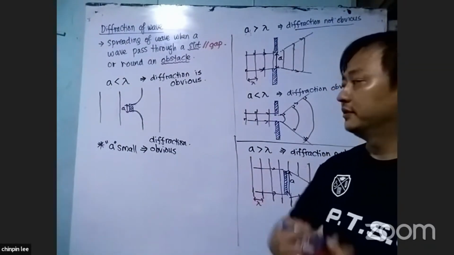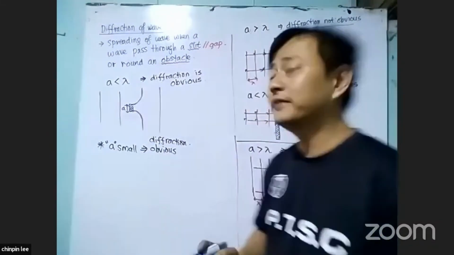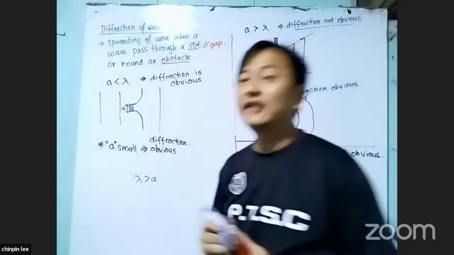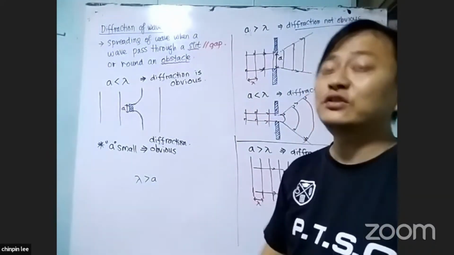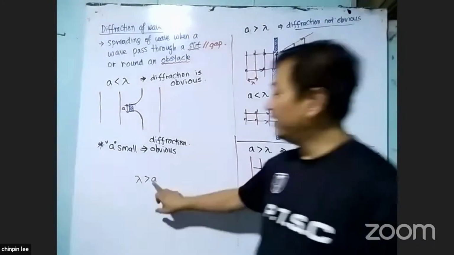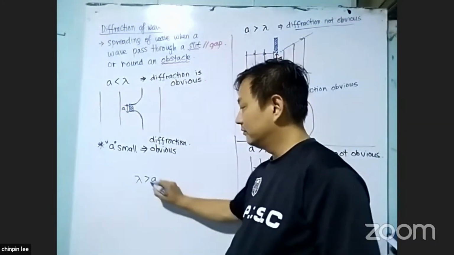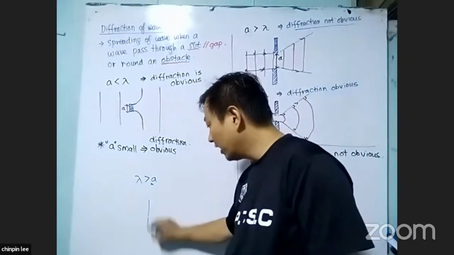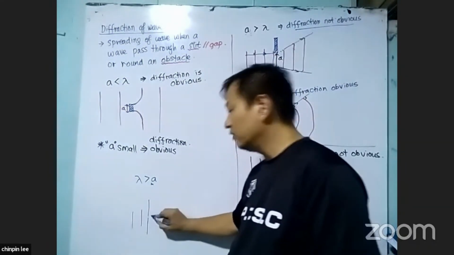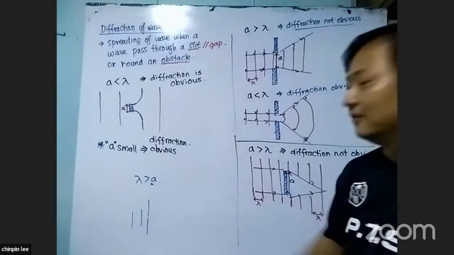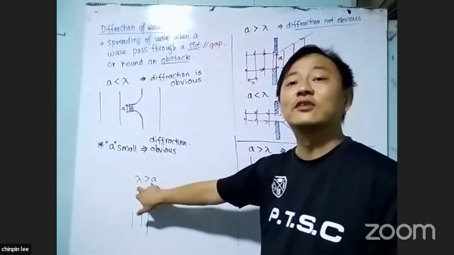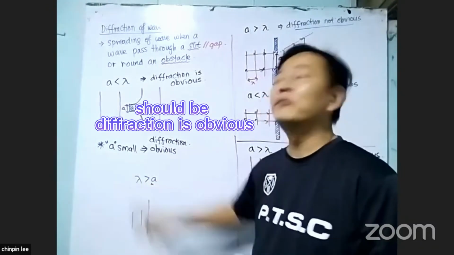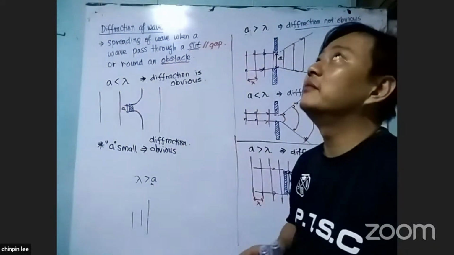Question from here. Now I want to ask you, lambda bigger than A. Obvious or not obvious? Does it mean the A is big or small? It means the A is small. Does it mean the diffraction is obvious or not? A is small, so diffraction is obvious. You don't memorize lambda bigger than A or A bigger than lambda.